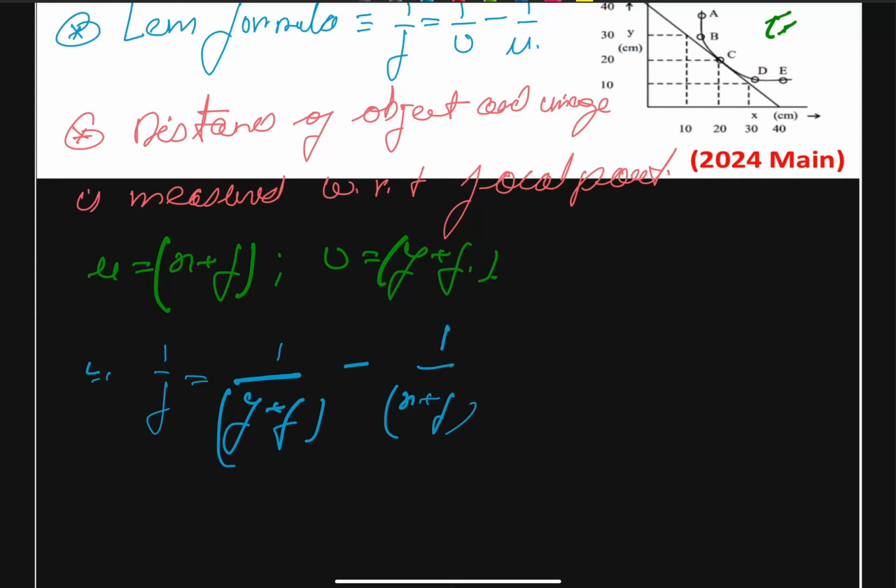This is v and u. Okay, so u will be going as minus, and the respective distances for point C, our x and y, are 20. Therefore, we can write this as 1 upon f is equal to 1 upon f plus 20 plus 1 upon f plus 20.